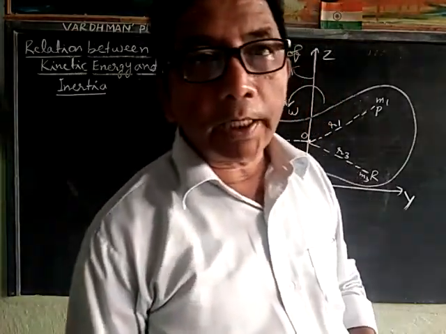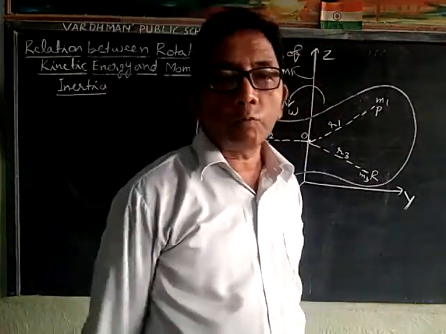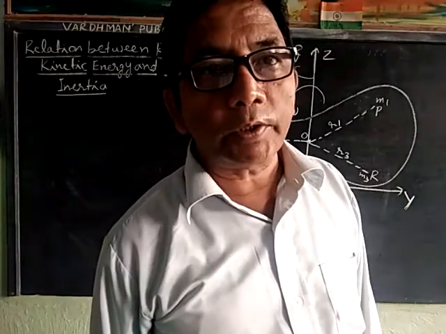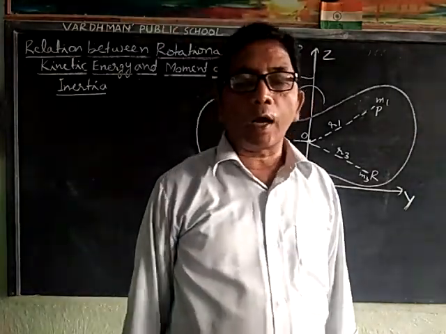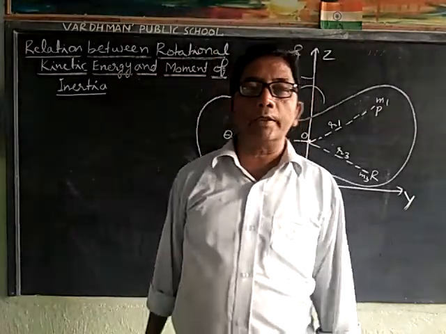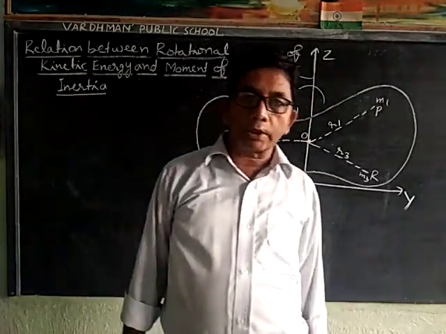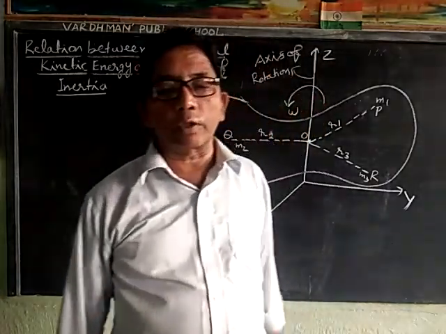Let the body be made up of n particles whose masses are m1, m2, m3, up to mn, and r1, r2, r3 are the distances of the particles from the axis of rotation.